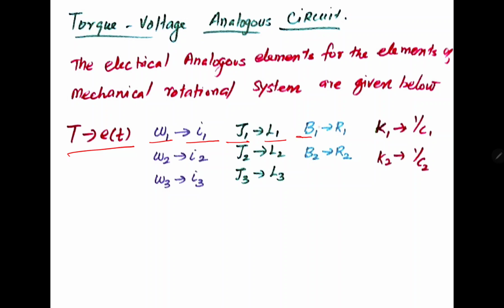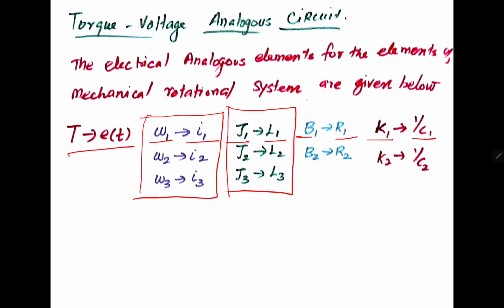Moment dashpot is equal to resistor, and spring is equal to capacitor. This is the equivalence. So we are going to replace the mechanical parameters with electrical parameters using this relationship.